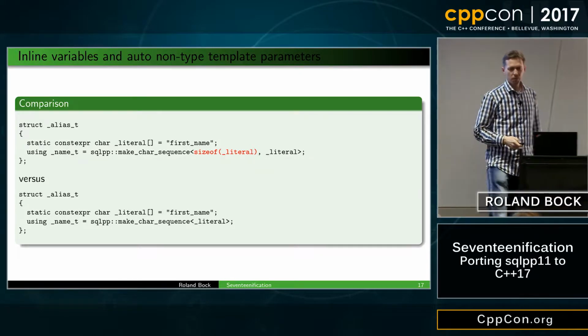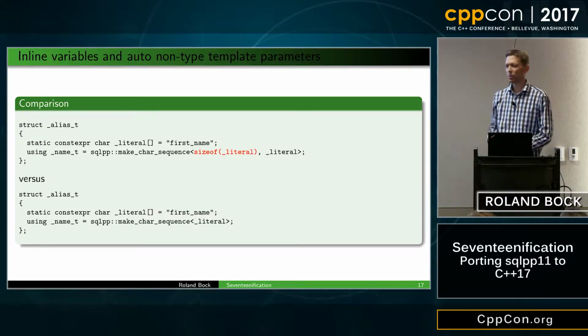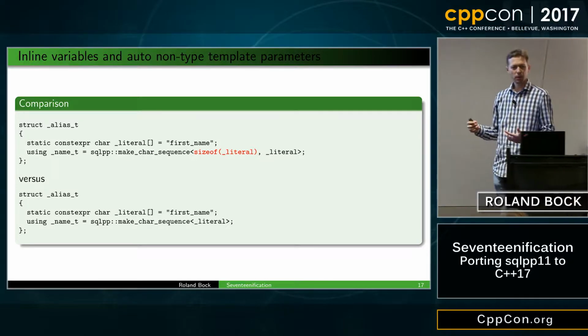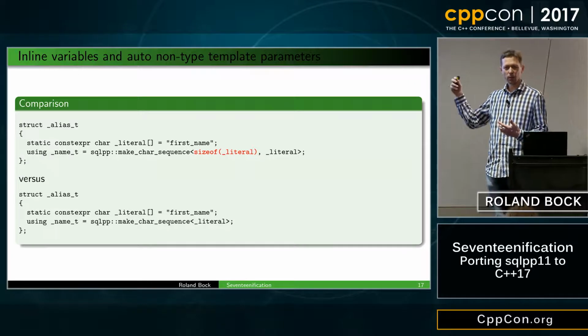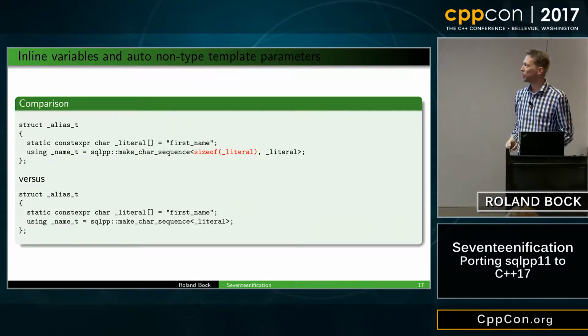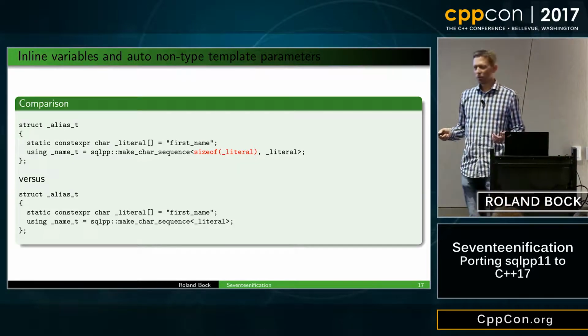Another interesting side effect of C++17 being simpler is that, well, if you don't have to fight to get this to work at all, you can concentrate more on the beauty of the thing. Right?